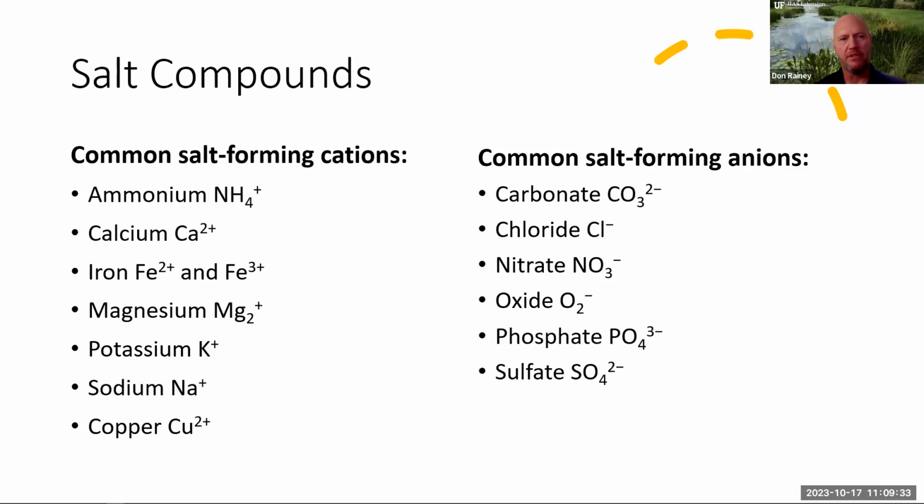That's a valence charge of 1 positive. If we were to connect it with, say, nitrate, NO3, negative charge, that's going to make a salt. The same thing if you were to pull out sodium and chloride: those unlike charges are going to attract. They both have the same need. One needs a positive, one needs a negative. They connect, and then they become a compound. That's basically how these salts form.